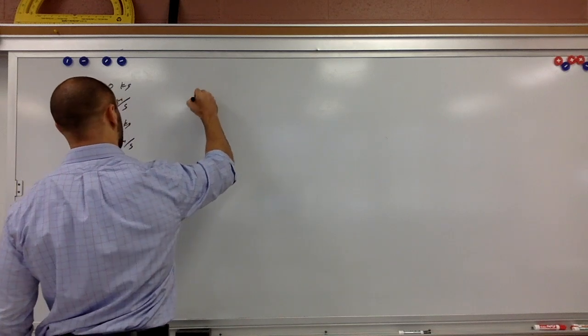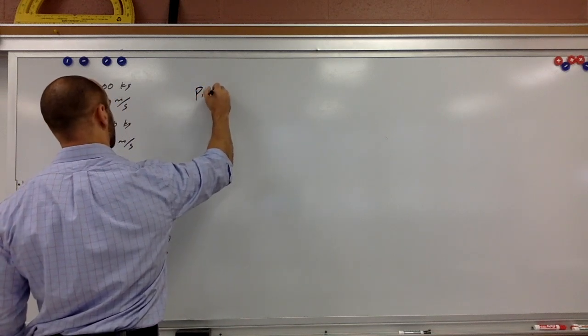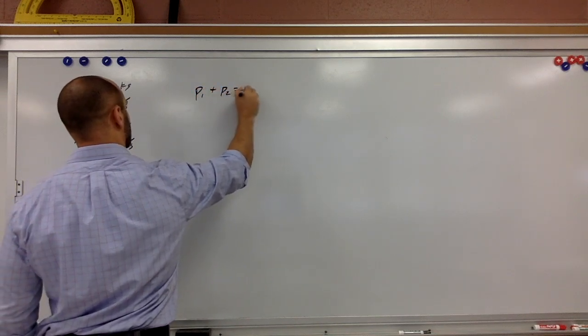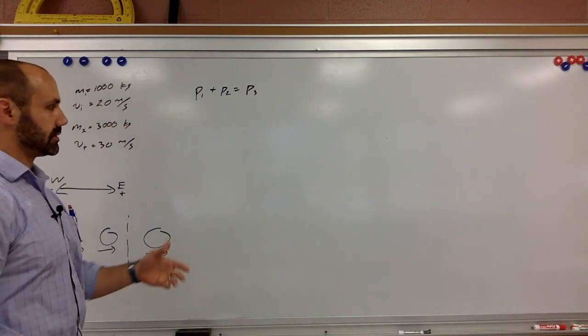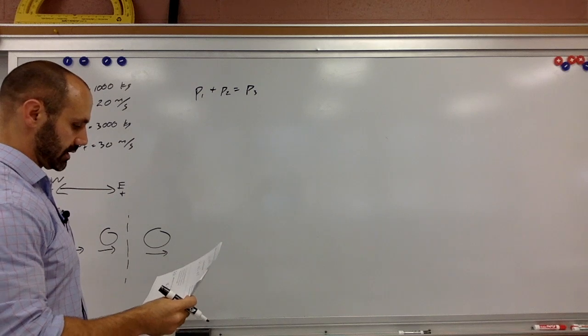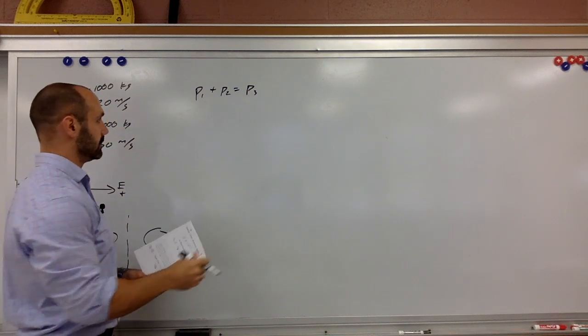So now we want to find the final velocity of the wreckage. So this is going to look like this: P1 plus P2 equals P3. And it's all in the same direction, so I'm not going to write the vector signs. We can deal just with magnitudes now.